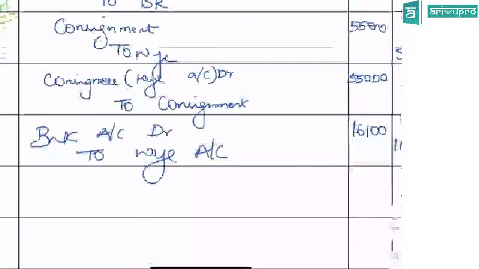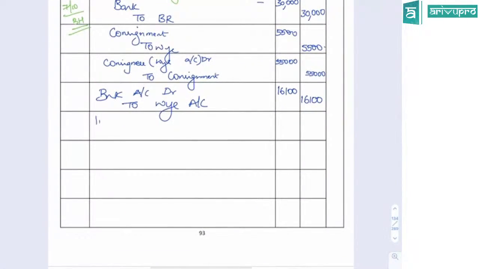So if I have to write it as a journal entry, it will be inventories. Are you clear?